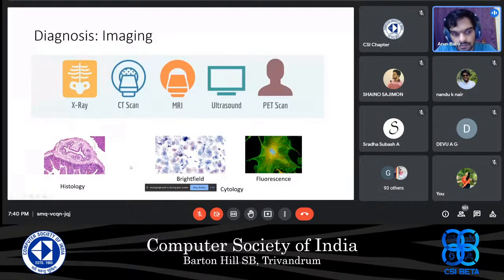This is how pathologists can determine if the patient is cancerous or not.